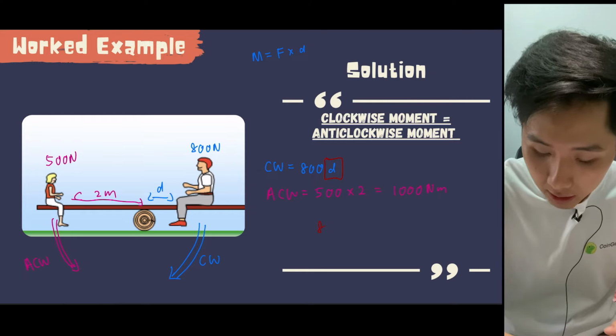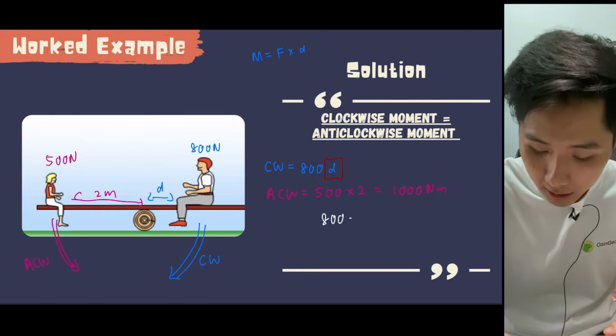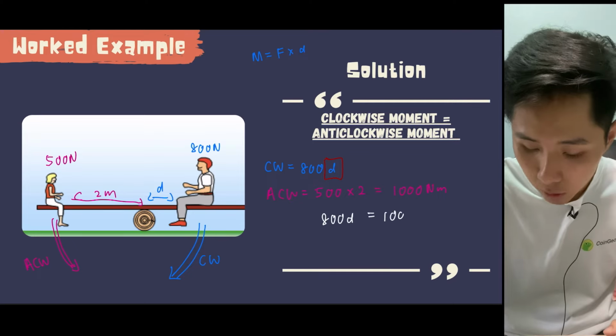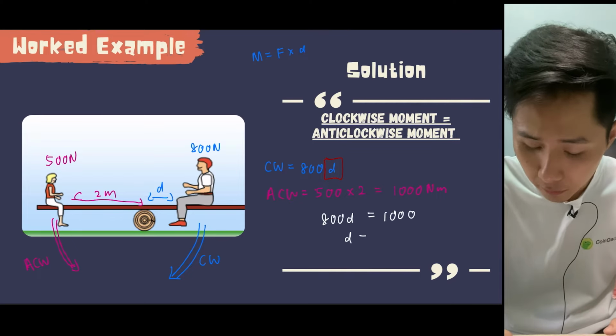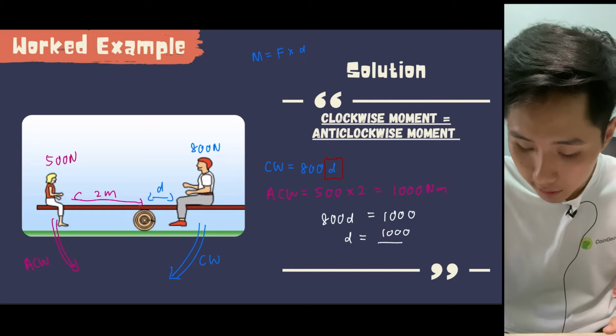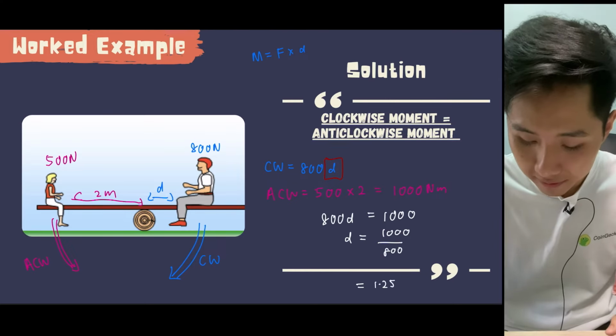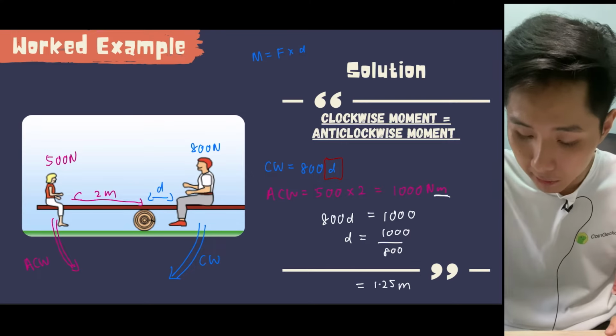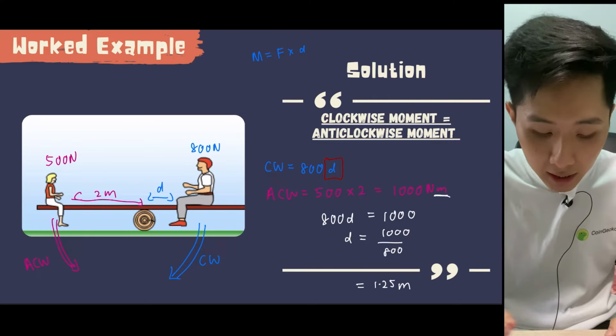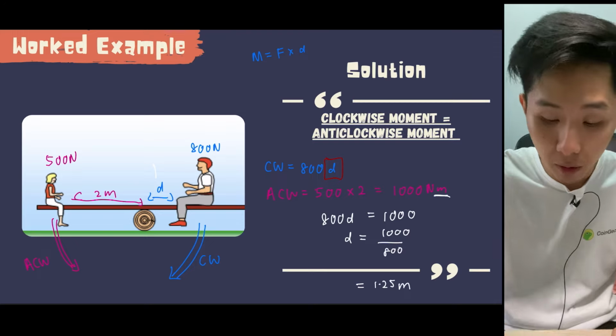So it will be 800 d equal to 1000. To find d, we just use 1000 divided by 800, you get 1.25. The unit should be meter because we're using Newton meter here. So our answer should be 1.25.